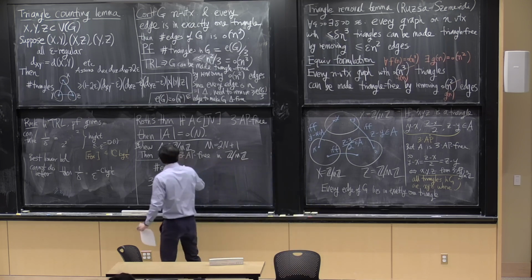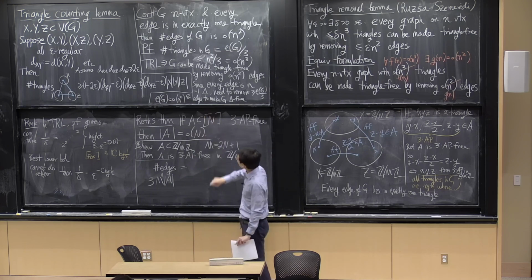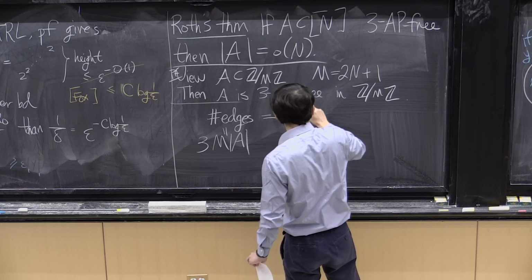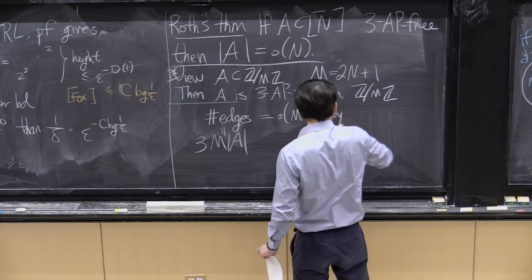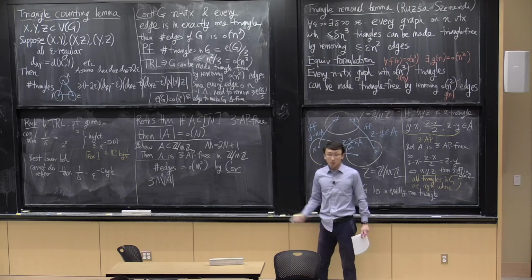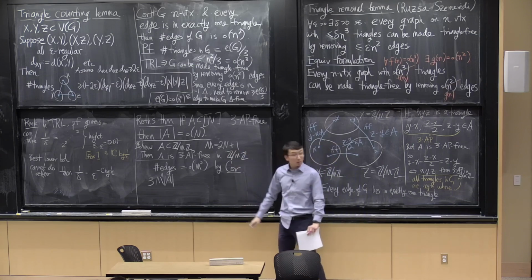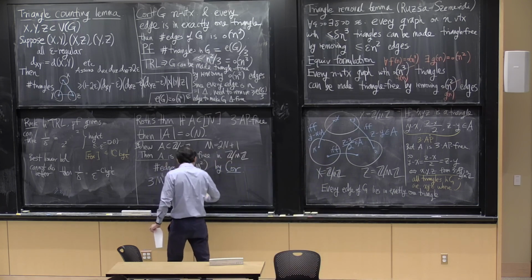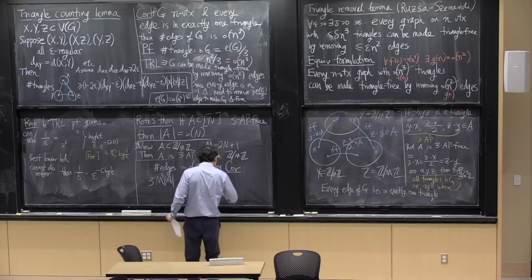On the other hand, by the corollary up there, the number of edges has to be little o of m squared. And because m is essentially twice n, we obtain that the size of A is little o of n.